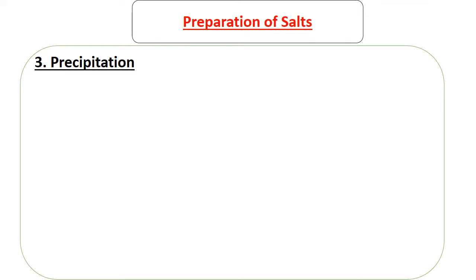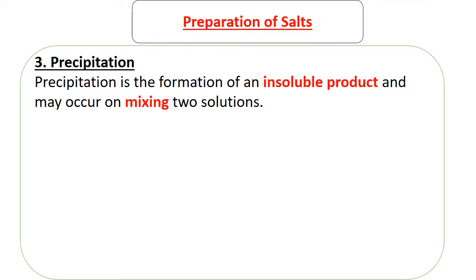So that's the basic concept of precipitation. So precipitation is the formation of an insoluble product and may occur on mixing two solutions. So it is used to prepare insoluble salts. So whenever you've been tasked with preparation of insoluble salts, you use precipitation.